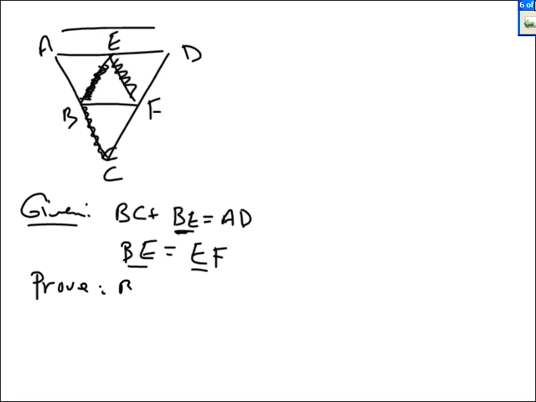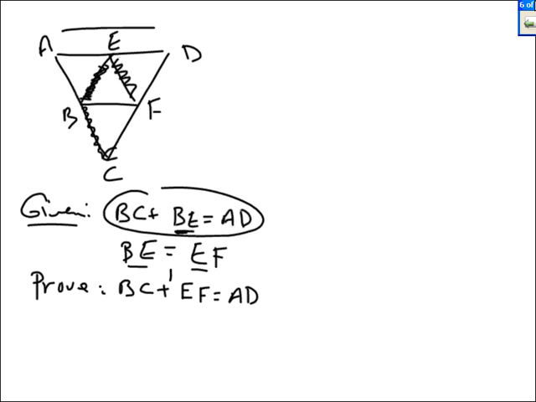You want to prove that BC plus EF is equal to AD. Now, to do this, you didn't even need a diagram. Because this is given, and you know that instead of BE, you can write EF. And you get exactly what it says on the bottom.